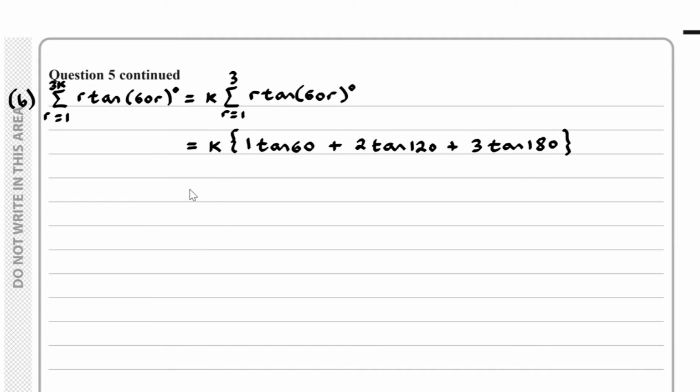So, we end up with k times by root 3 minus 2 root 3 plus 0, which is equal to minus k root 3.